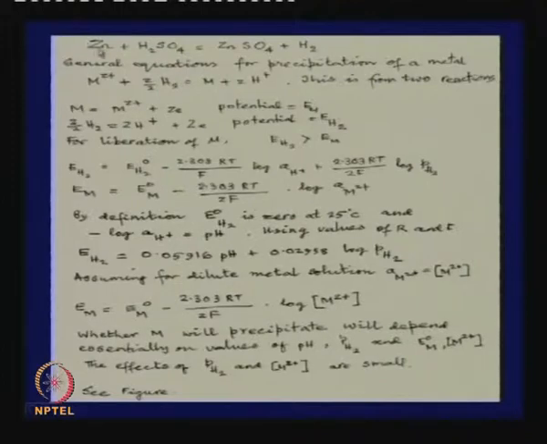We have written this reaction the other way, that we intend to convert metal ions in solution into the metallic form by reaction with hydrogen. Now, normally, as I said, reactive metal ions cannot be converted to metal, because the other reaction will predominate.